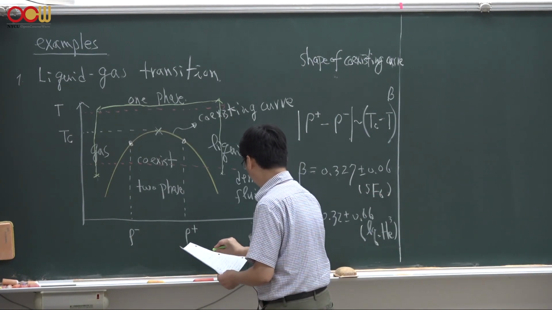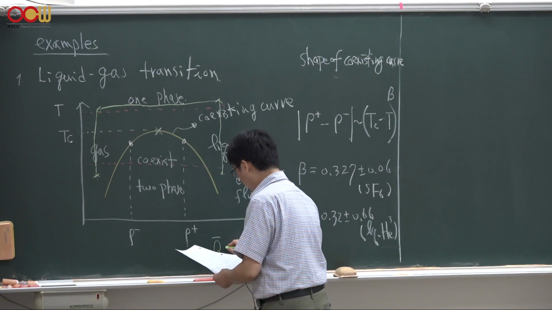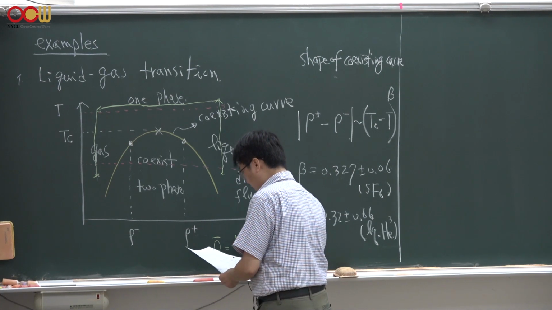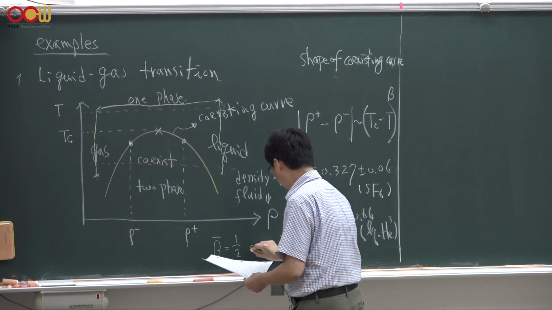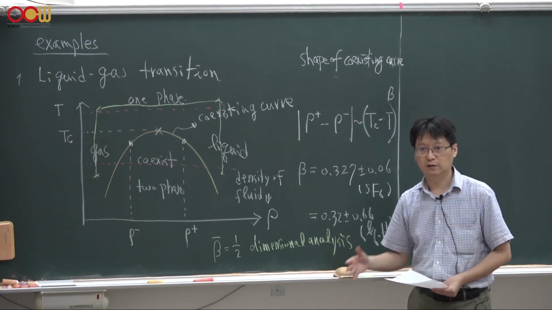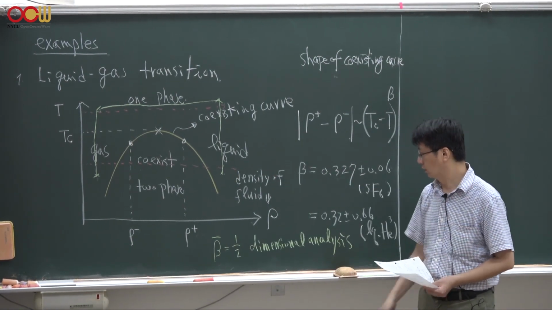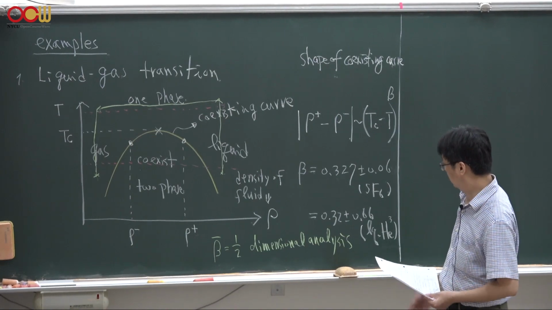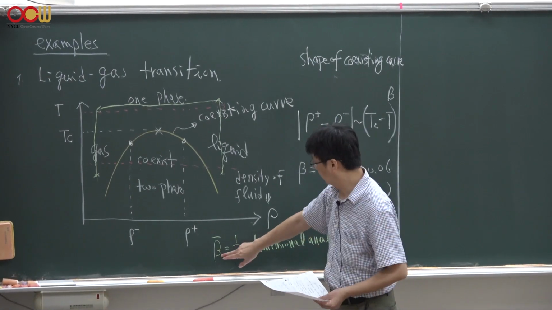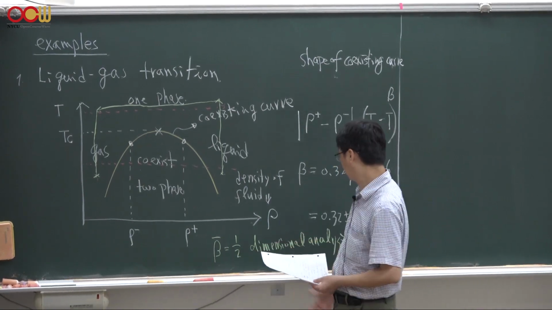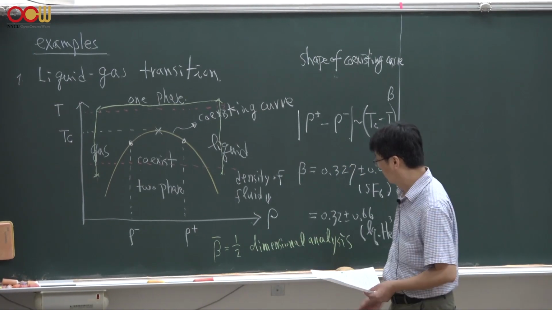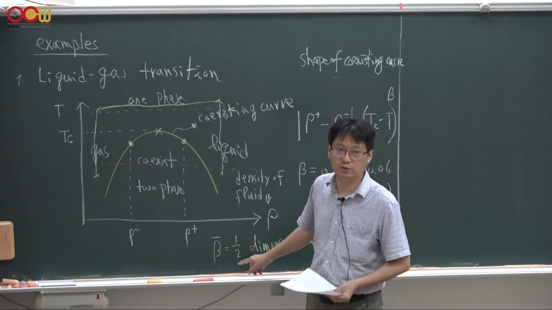However, we will see later that this beta could also be estimated from dimensional analysis, as we mentioned last time. By power counting the scaling dimension of these variables, you could derive this exponent beta, and we'll see later that this beta coming from dimensional analysis turns out to be 1/2, which is a rational number.